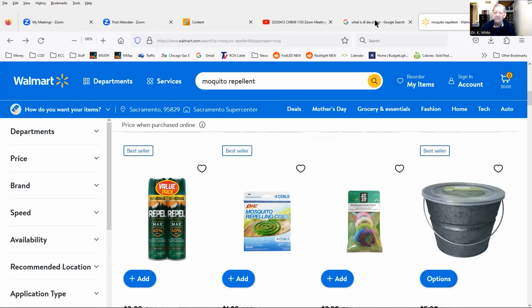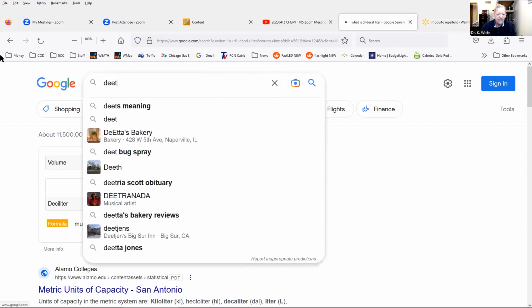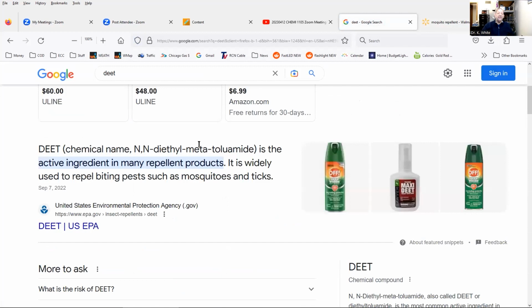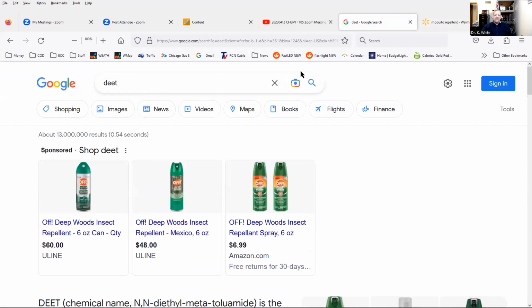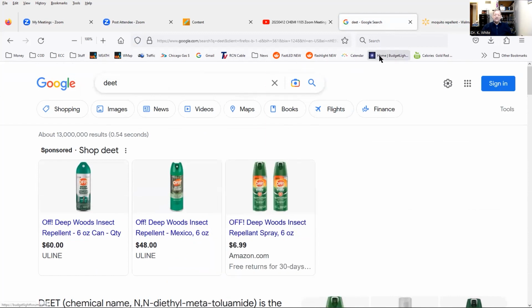I think I botched it. I don't know where they got two E's from, but anyways, that's the active ingredient in about 99% of mosquito repellents.